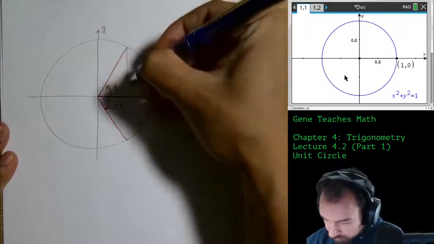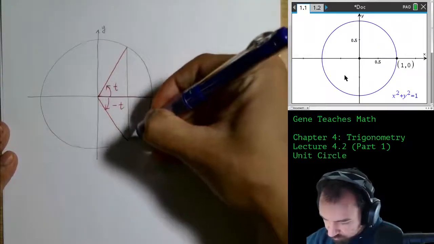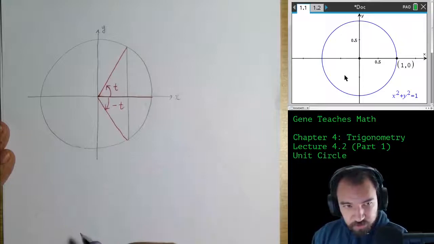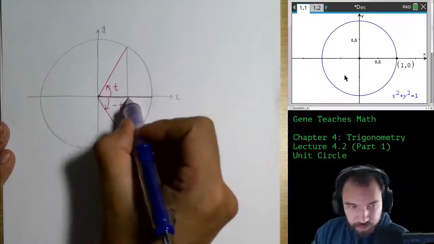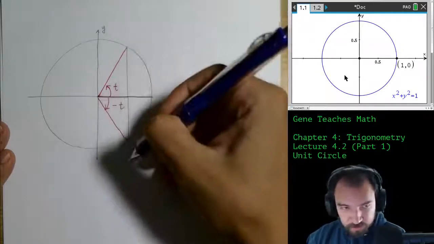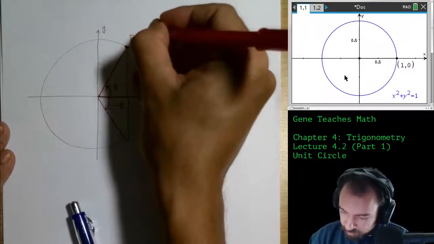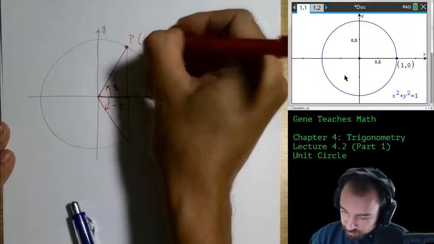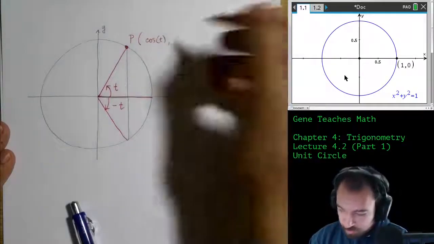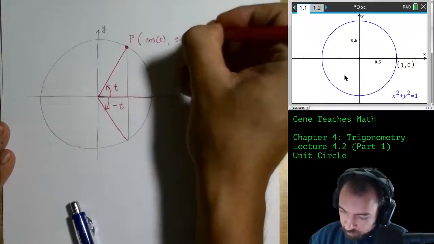And if I consider this triangle and that triangle, we notice these triangles are congruent, which means the bases are the same and the heights are the same. So when we label this point P, we can call this cosine of T for the x-coordinate and sine of T for the y-coordinate.